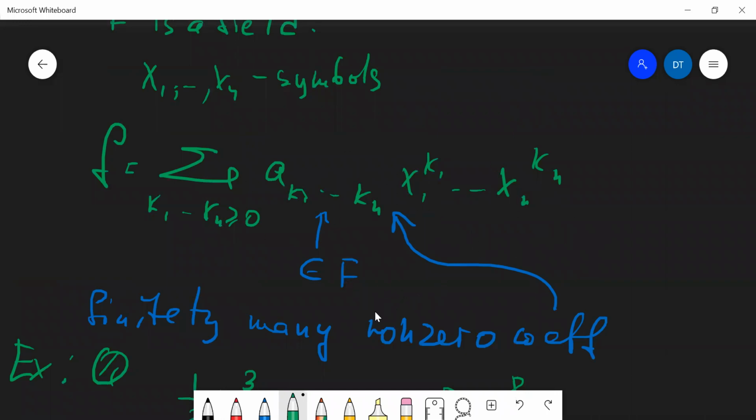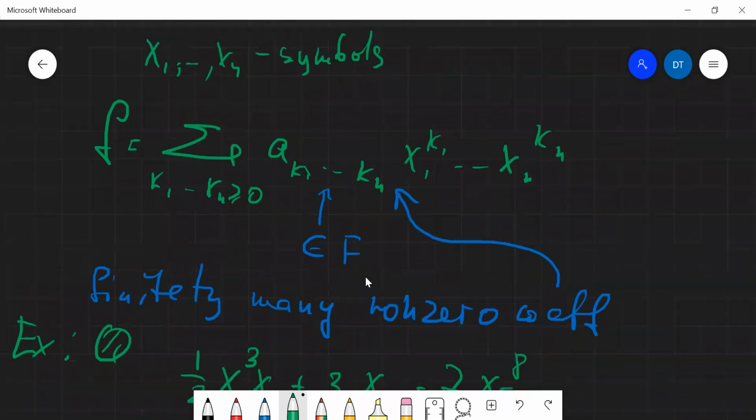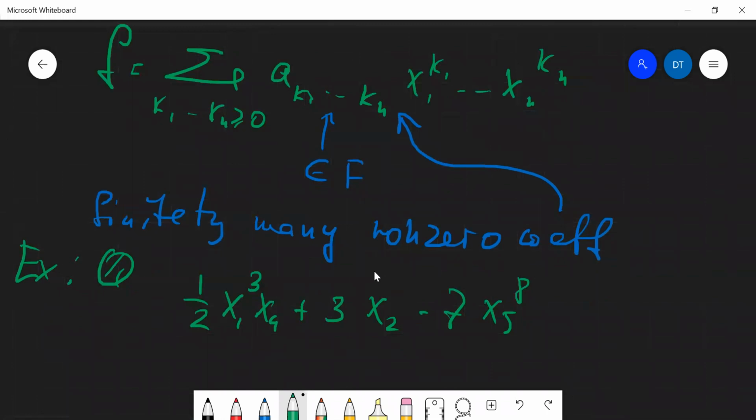You just compare them coefficient-wise. The main difference with the case of a polynomial in one variable is that you don't have an easy notion for the leading monomial here, because it's unclear how to compare all of these summands.